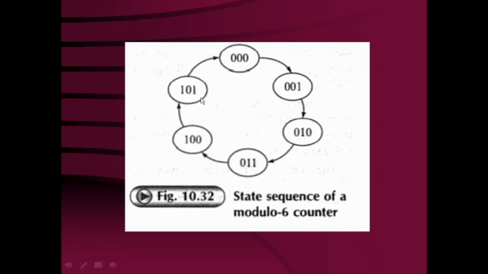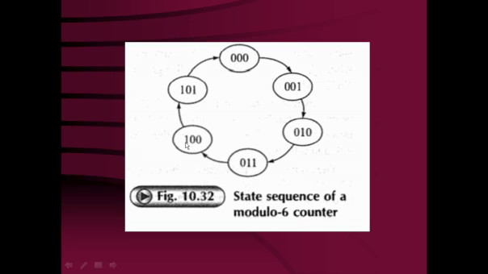Here it is starting from initial state 0, 0, 0. Now, if it is residing in this state, then after giving one clock pulse, it will go from this state to this state. That means the next state is going to be 0, 0, 1. Again, the next state is 0, 1, 0. The next state is 0, 1, 1.